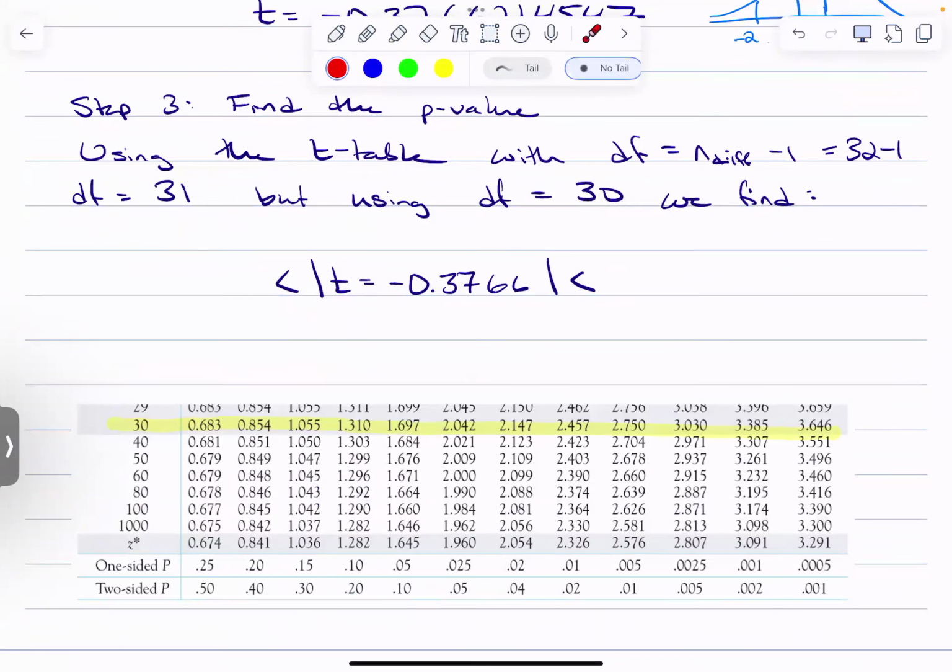What's on the inside track of all these? T is centered on 0, Z is centered on 0, and so on the other side here, you could have an imaginary kind of 0 block. Now this T, 0.3766, is between 0 and 0.683.